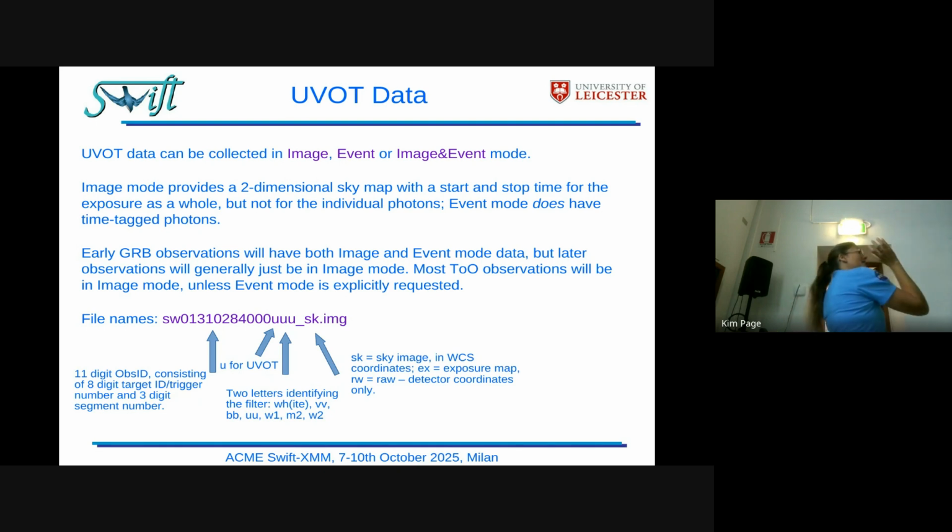One snapshot would be one image. The snapshots can be divided between different filters, so different images and filters, but you'd only get one image per filter. So it's the exposure as a whole, you just get an image. You don't have the times the individual photons arrive.